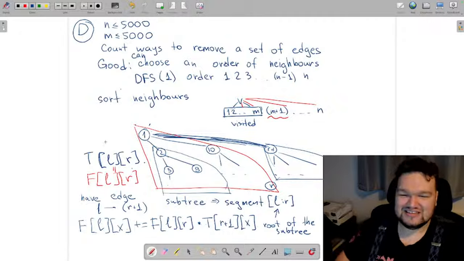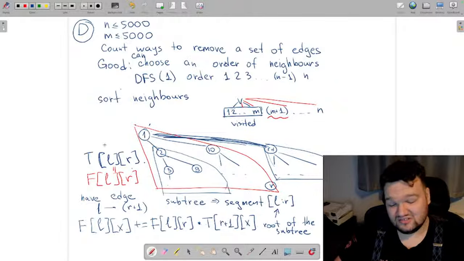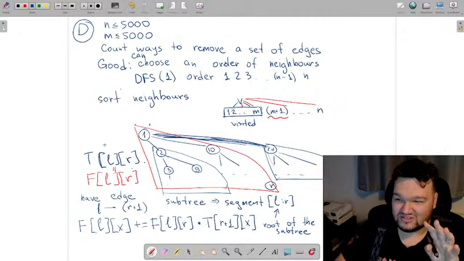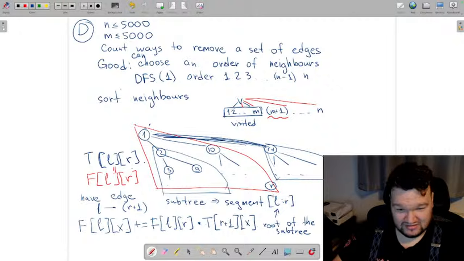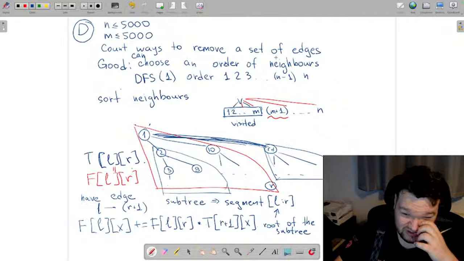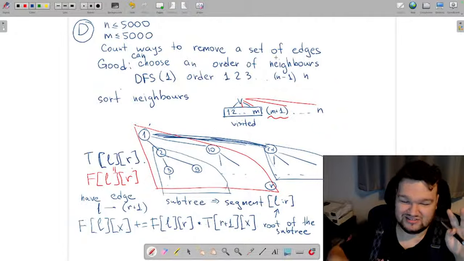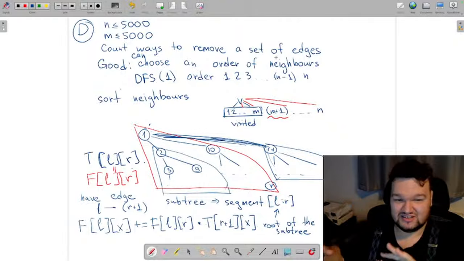So for now, let's say that it is just the number of ways to build such a subtree. So the number of ways to choose a subtree rooted in L that covers vertices from L to R. It is not the same as the number of ways to remove a set of edges, but we want to understand the structure of the DP first, and then what exactly we are counting and where.